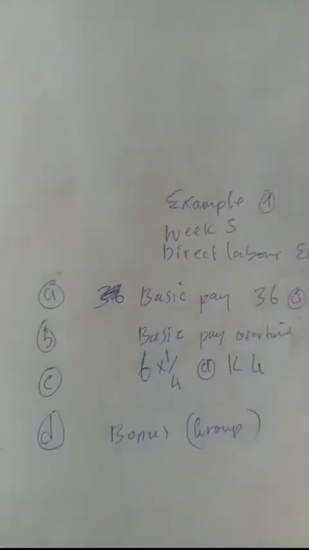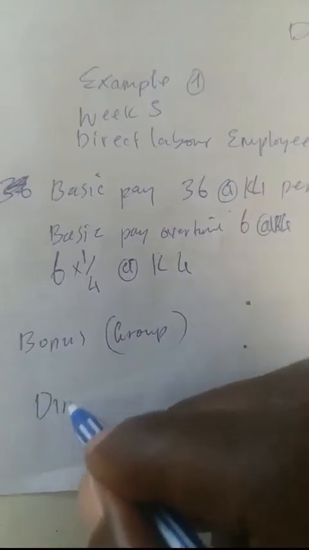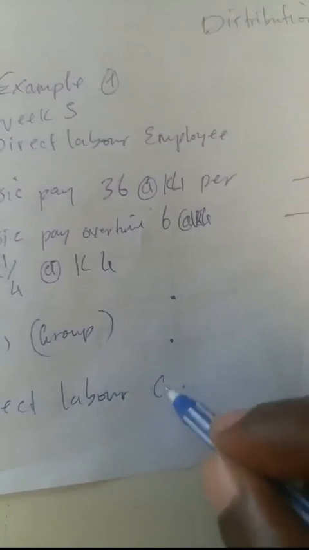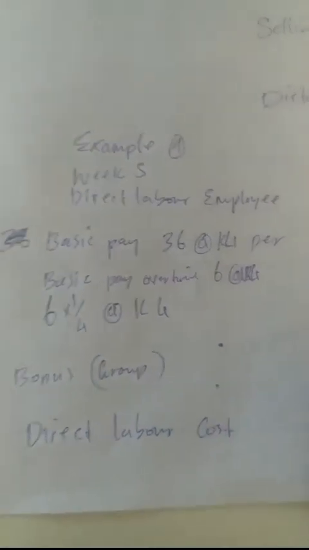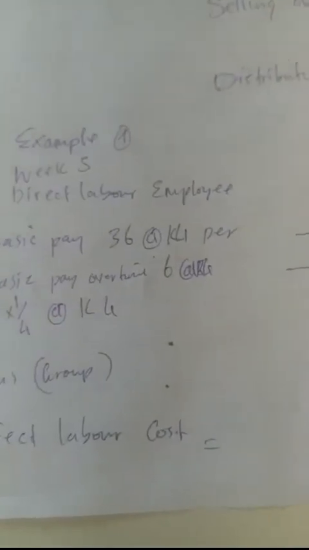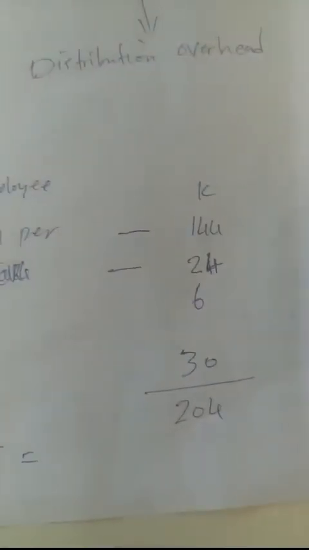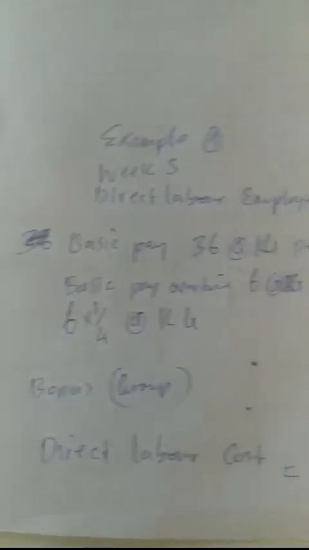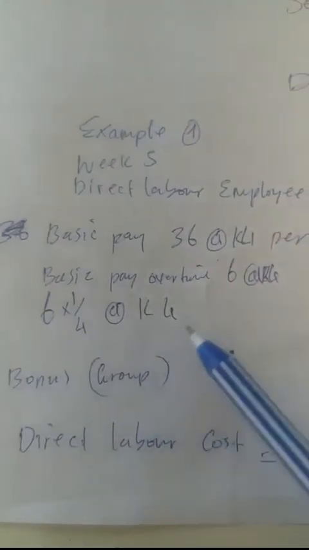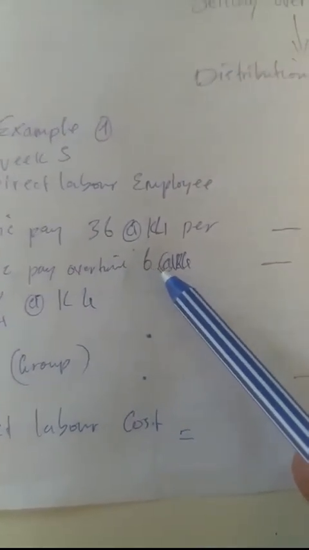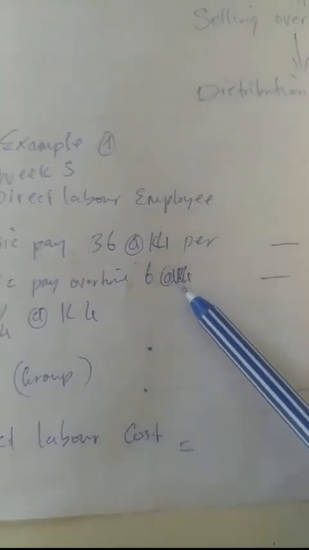So we want the direct labor cost for this employee. Labor cost will be equal to the basic pay, of course, that's a direct cost, and the basic pay overtime, the normal overtime worked, which is paid at the basic pay rate, which is 4.